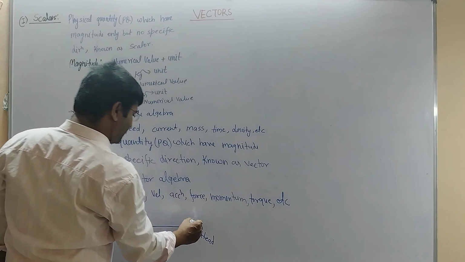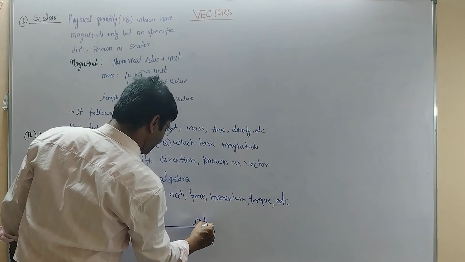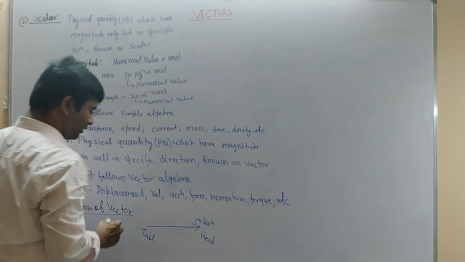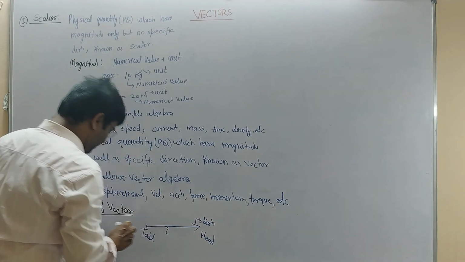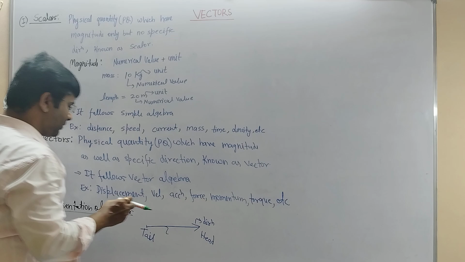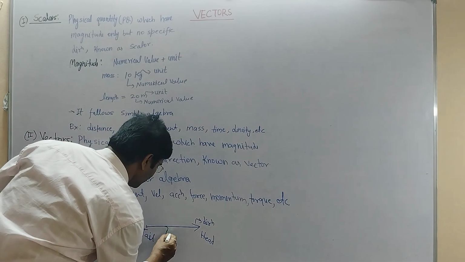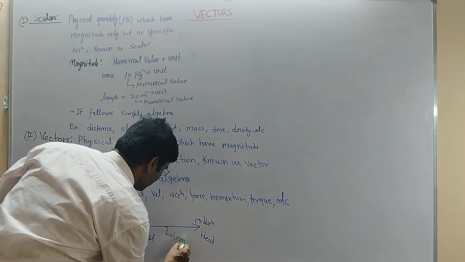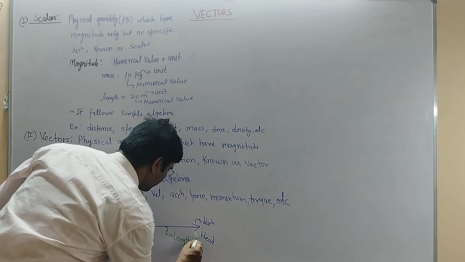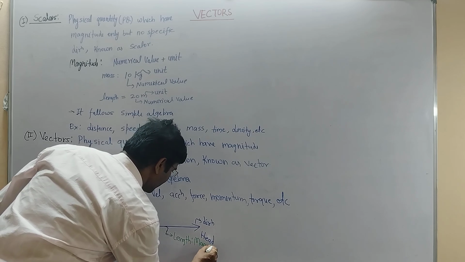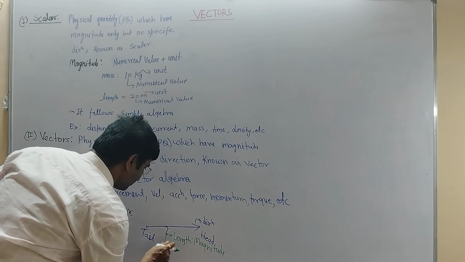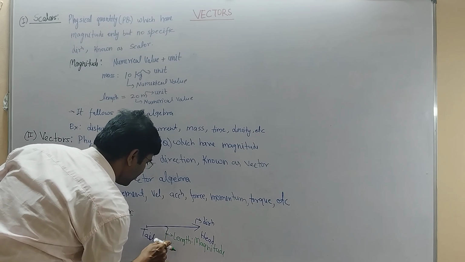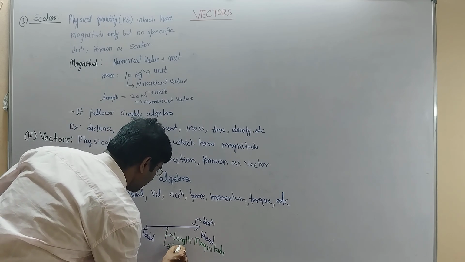This arrow will represent direction. Whatever is this length, in general this length will represent the magnitude of the vector.